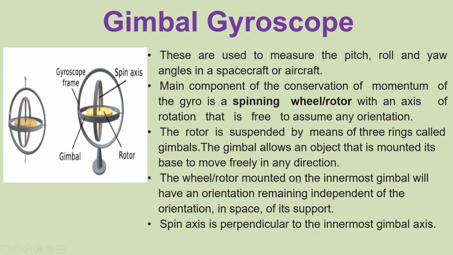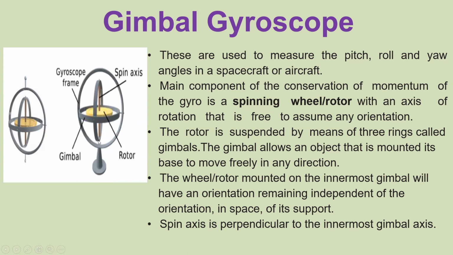The wheel or the rotor mounted on the innermost gimbal will have orientation remaining independent of the orientation of its support. This is the support that I am talking about. So this rotor will maintain orientation. Why? Because of the principle of conservation of angular momentum. Even though the object changes in orientation when it rotates, this will not rotate.